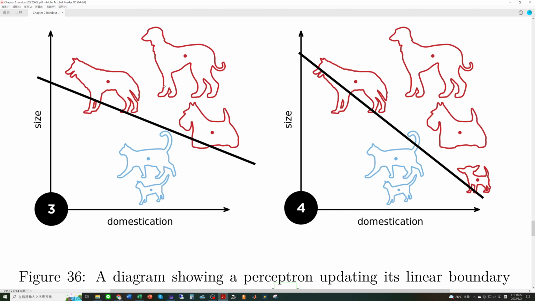In subfigure 3, we add another two samples, this dog and this cat, so the linear boundary changes again to this line. Finally, in subfigure 4, we add another sample, which is a dog, so the linear boundary changes again to this line.